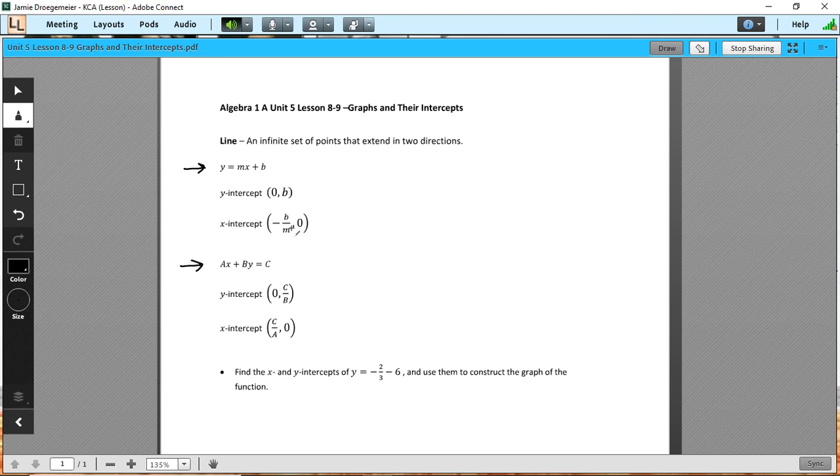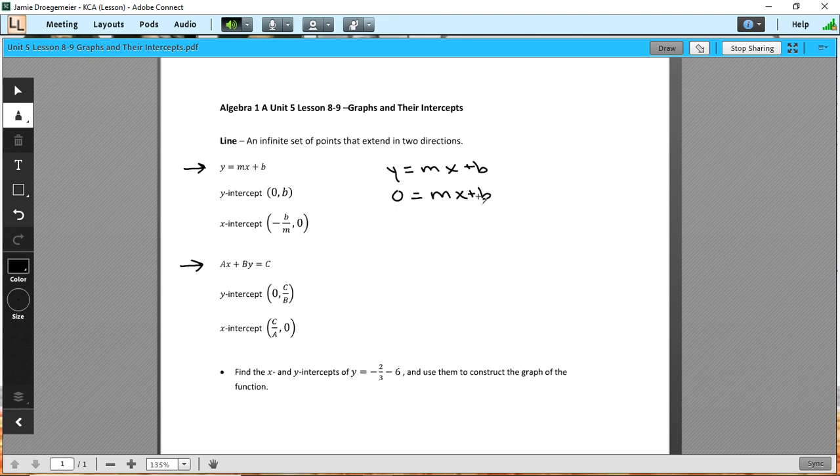The x-intercept is the value of x when the function equals 0. So when y equals 0, what is that value for x? Well, we would solve this equation for x, knowing that y equals 0.